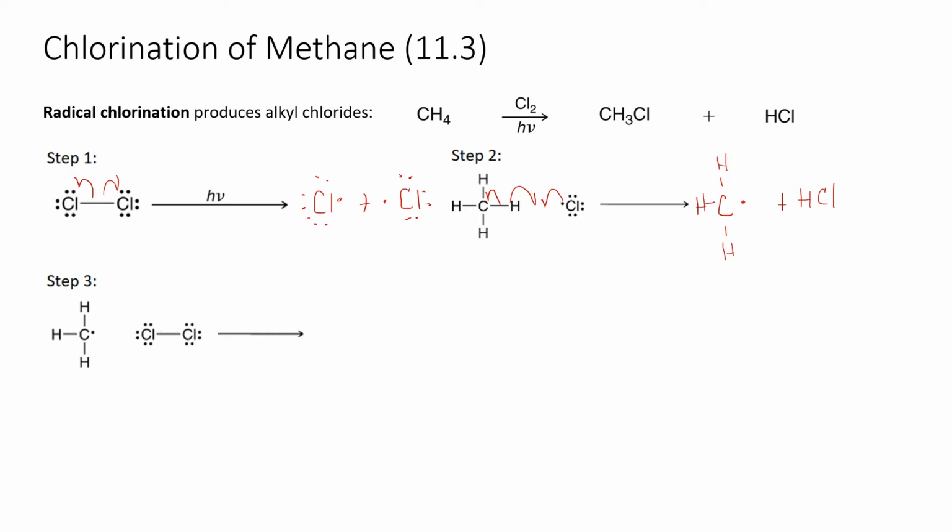Again, step 3 is considered to be a propagation step because now we have a methyl radical that will form our product, which is chloromethane, plus another chlorine radical.